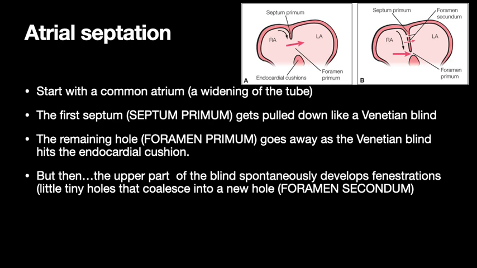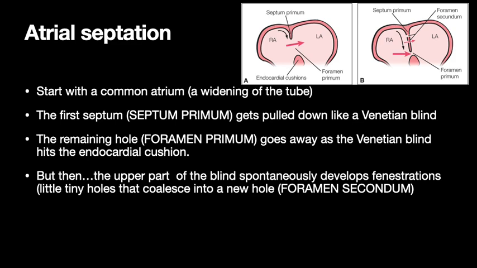So early on, you start with a common atrium. Basically, there's a widening of the tube. And this common atrium starts to get separated into two distinct atria. The first septum that starts to form during fetal life is the septum primum, first septum.